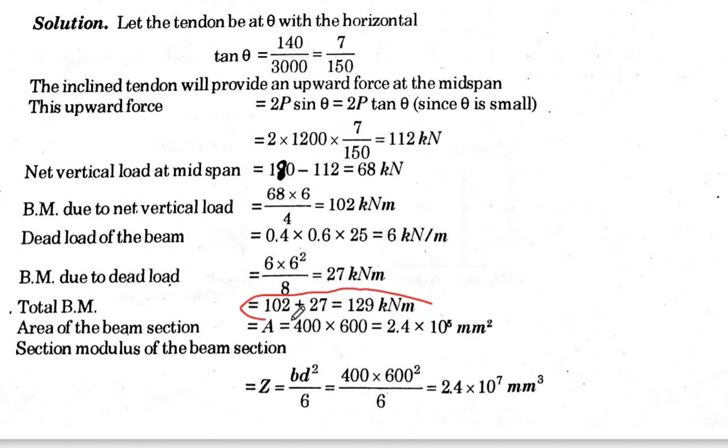This one, total bending moment, which is the stress due to the bending moment due to the dead load, which is 27 kilonewton meter. The dead load we know, the dimensions are given to us, so we can calculate the dimensions. From the dimensions we'll get the dead load, which is 6 kilonewton per meter. Now we know the net load.